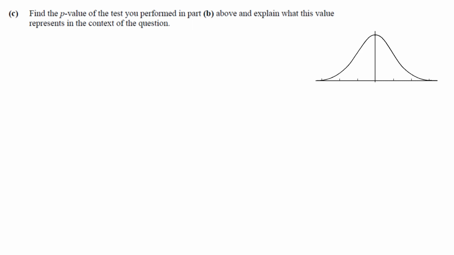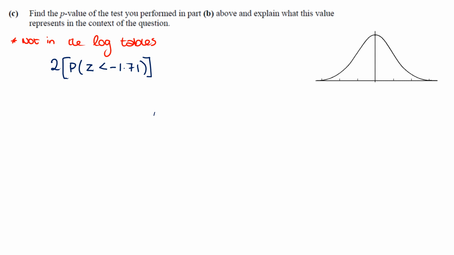So to calculate, and again, this is not in the log tables, you need to be able to work that out. So we're going to have twice the probability that Z is less than this negative number, but it might be greater than the positive number.